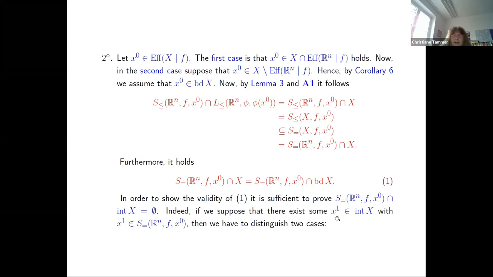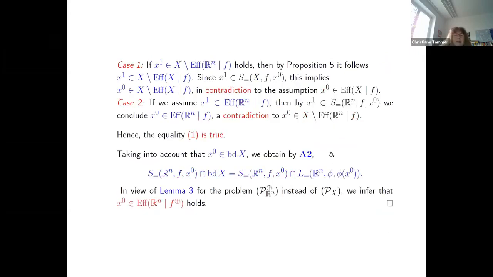If we consider an element x1 belonging to the interior of X and x1 belonging to this set, then we arrive in each case at a contradiction.